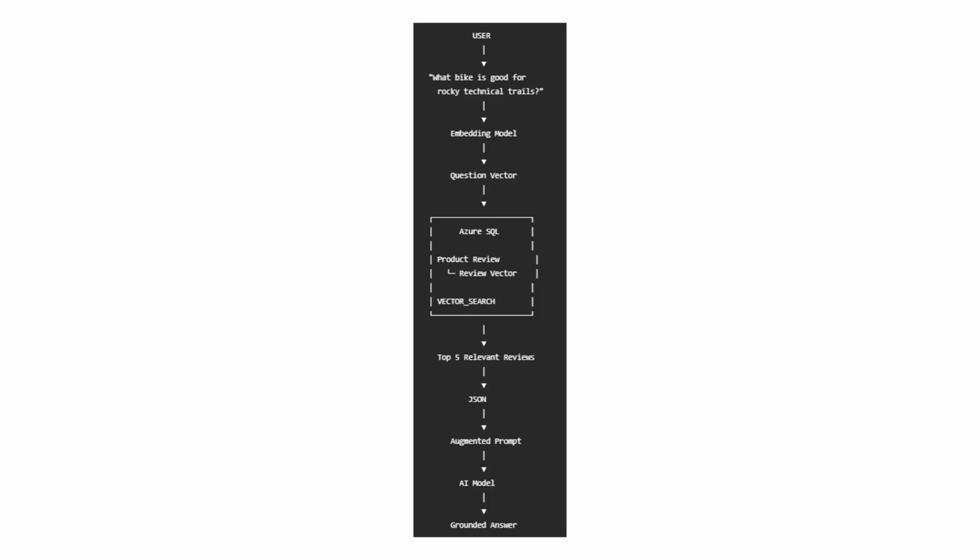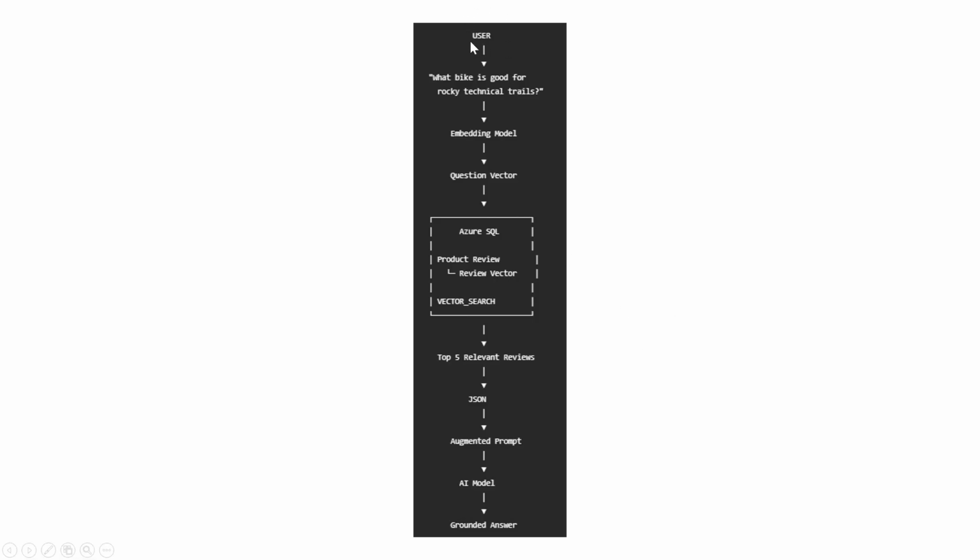Then format those reviews as a JSON context. Then we send that to the AI model, and the AI will generate the information based on the retrieval using the vector search information.